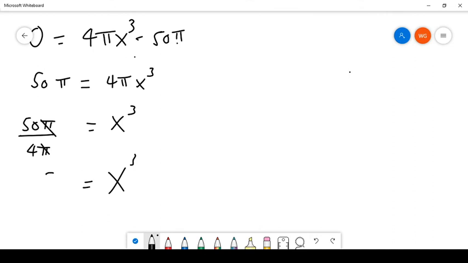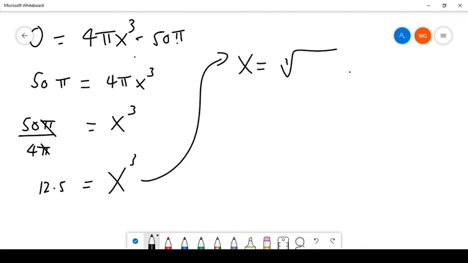It is equal to 12.5. X is equal to the cube root of 12.5, which is the same thing as the power of 1 divided by 3. X is equal to 2.32, approximately. So that's the radius of our cylinder.